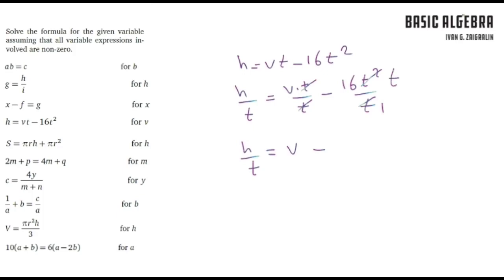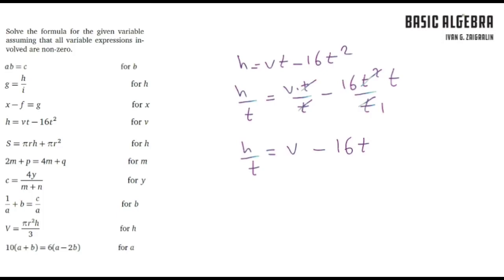So the result is minus 16t. And finally we add this expression negative 16t to each side.